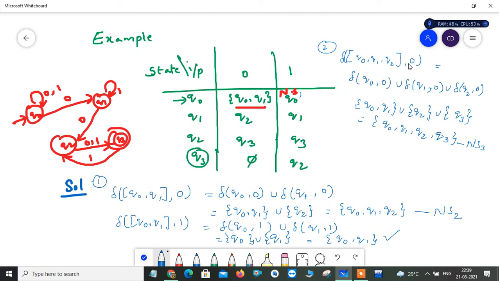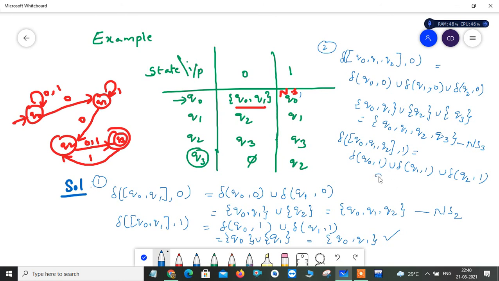So now we continue with another input, that is 1. So delta of Q0, Q1, Q2 with 1. Simply you can write delta of Q0 comma 1 union delta of Q1 comma 1 union delta of Q2 comma 1. What is delta of Q0 comma 1?